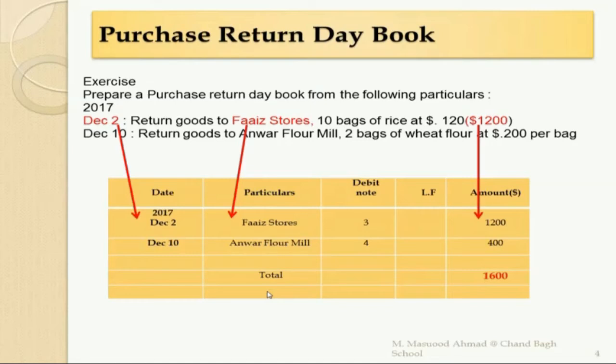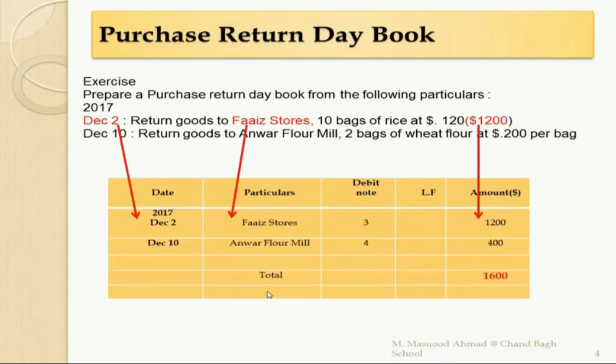So boys, keep this in mind, that at the end you have to make the total of the page of that particular book. In this example, we have only 2 transactions, and the total of this page is 1600. Now finally we will see how to post these values from the primary book into your ledger accounts, that is your double entry.